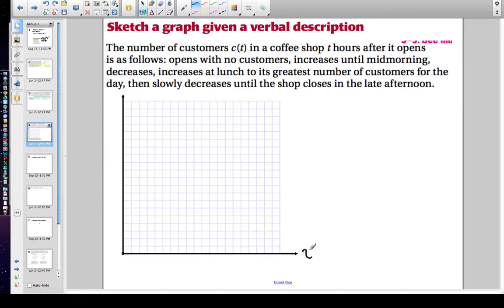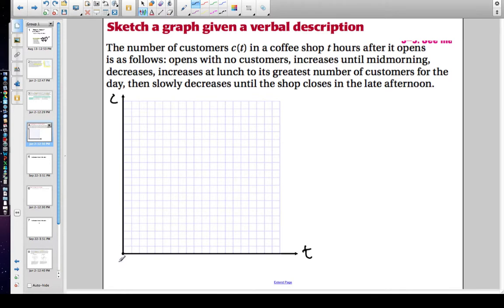So now the x-axis is hours, and the y-axis is number of customers. After it opens is as follows. It opens with no customers, it increases until mid-morning, decreases, then increases at lunch to its greatest number of customers for the day, and then slowly decreases until the shop closes in the late afternoon.